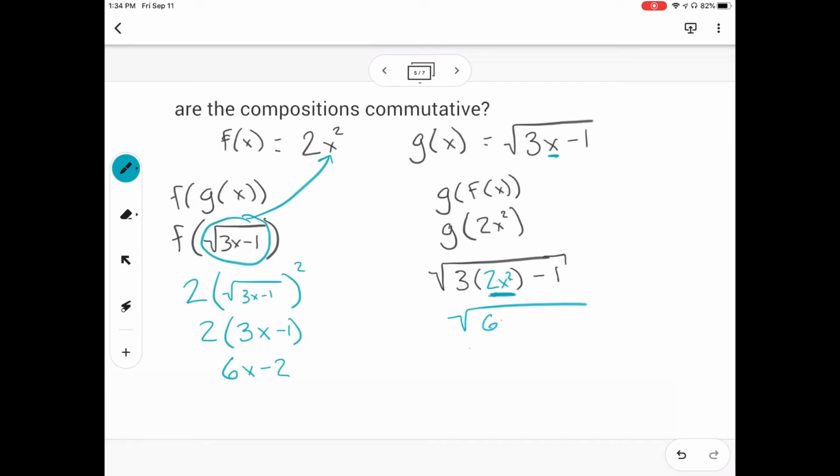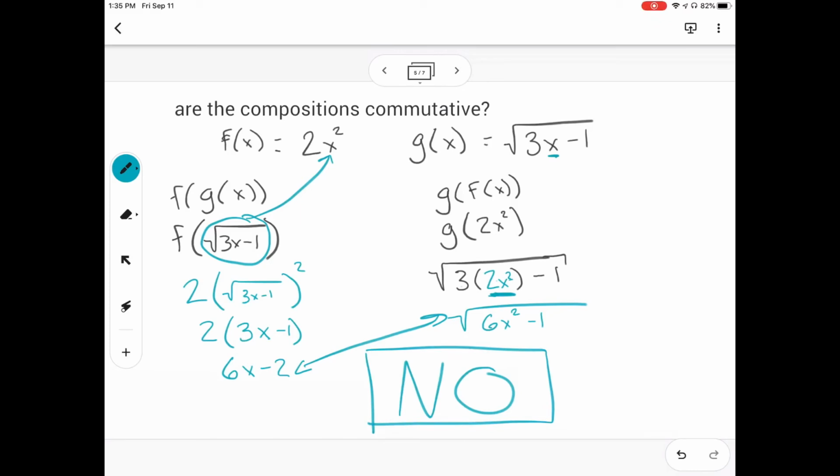So what we do is 3 times 2x squared would be 6x squared. Since we can't take the square root of all of this, that just means that's the final answer. So compare this to that. They are definitely not the same thing. So this one would not be commutative. Right? Not commutative.